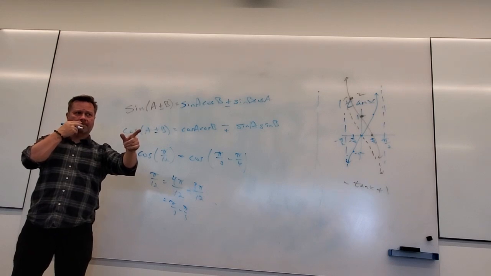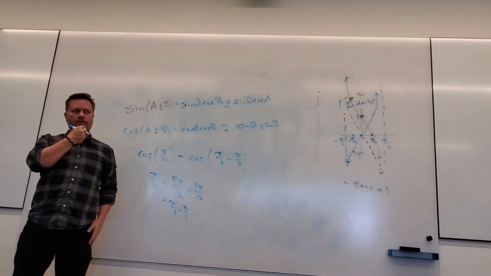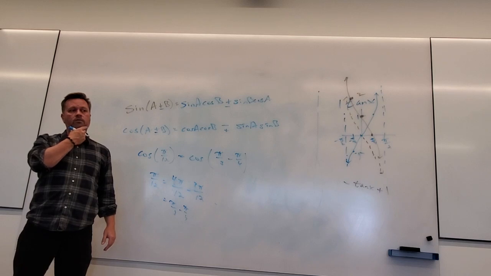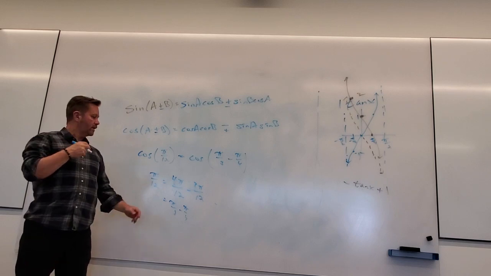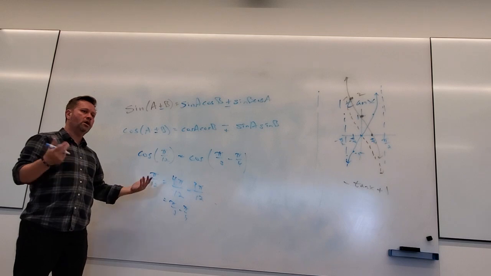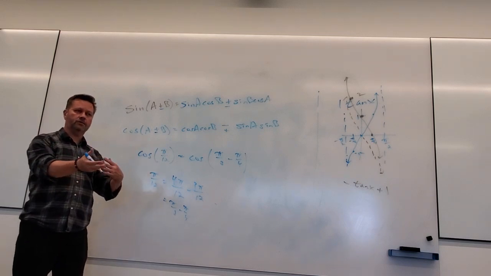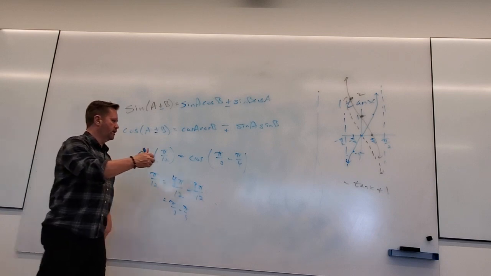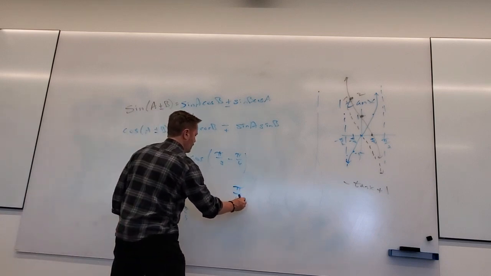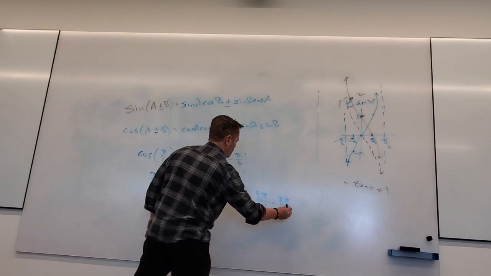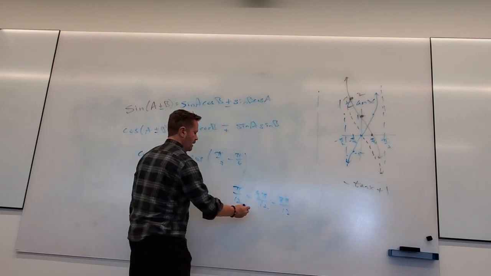So how do you know what numbers in what order to subtract? Did I go into this knowing? No, I didn't. I took a guess, and then I saw the guess was wrong, so then I tried to work it. And if you take a guess and you say, okay, maybe 9 pi over 12 minus 8 pi over 12, do you agree that that works? Yeah. What does that reduce to?